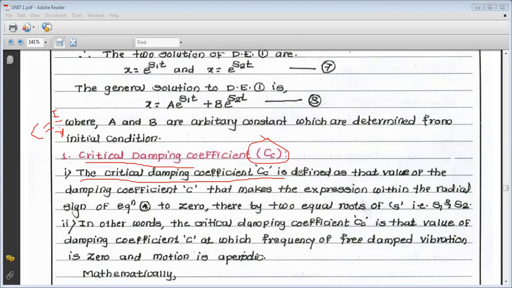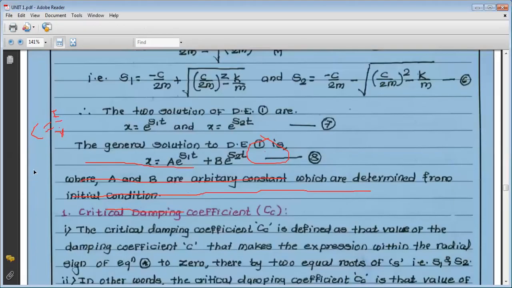So the critical damping coefficient Cc is defined as that value of damping coefficient that makes the expression within the radical sign of equation star equal to 0. Now what is equation star?